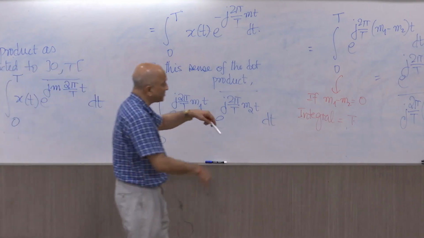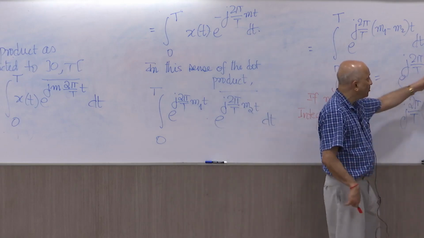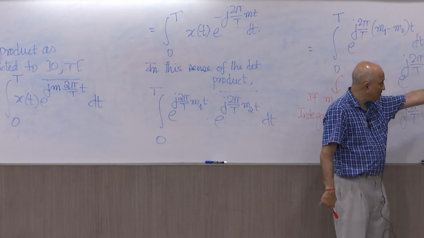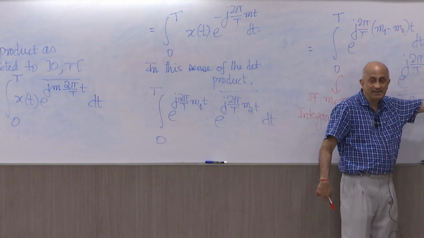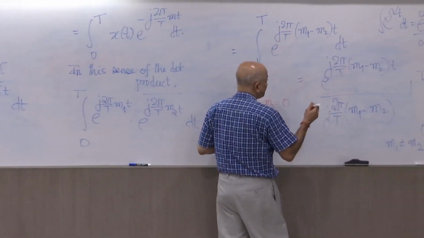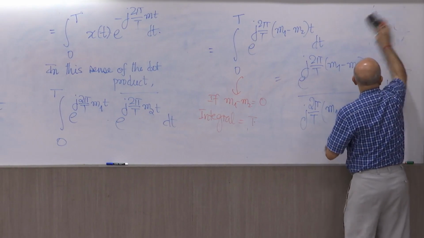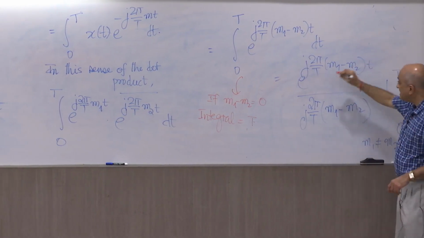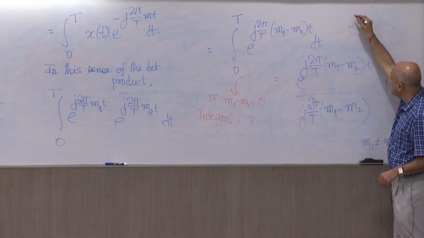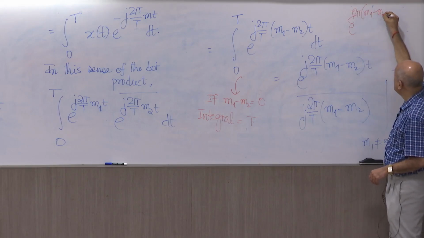Now what is this integral? You have e raised to the power j 2 pi (m1 minus m2) t. You substitute t equal to capital T and substitute t equal to 0. How much is this integral? It will be e raised to the power j 2 pi (m1 minus m2).